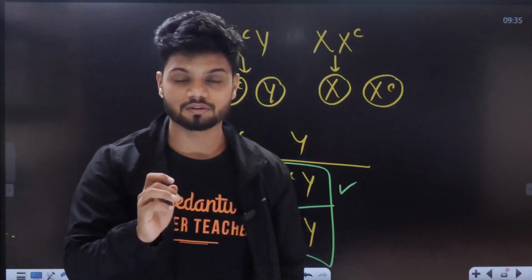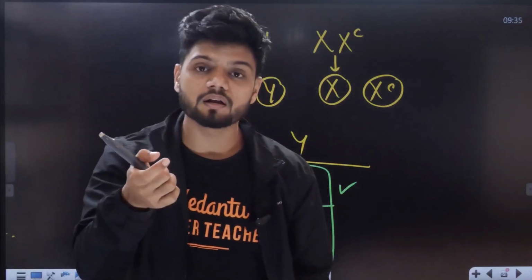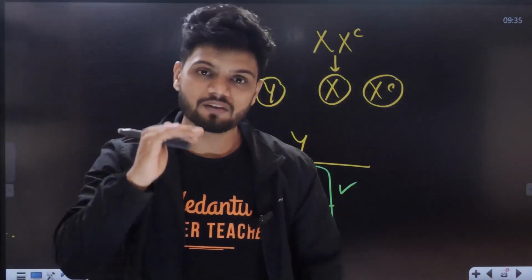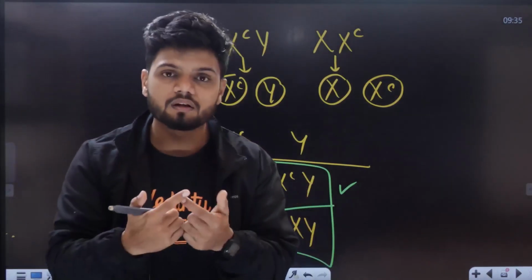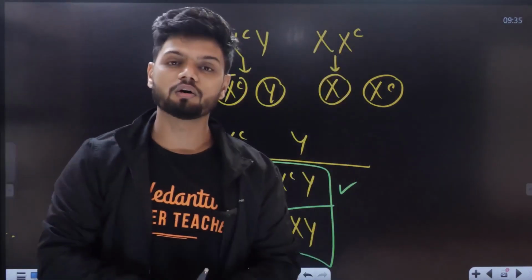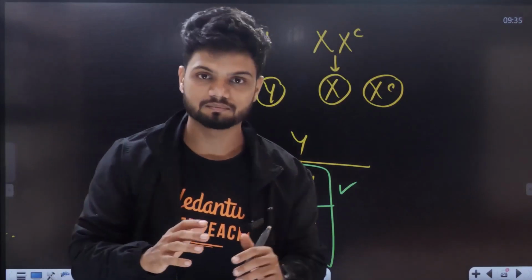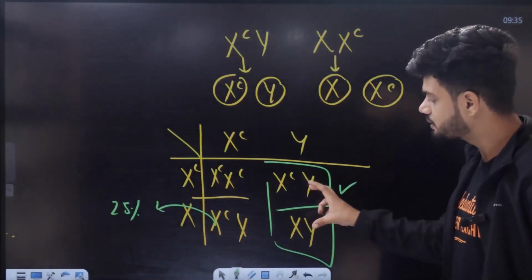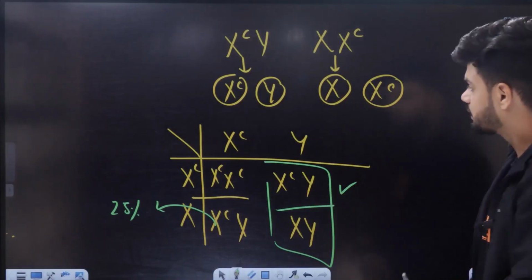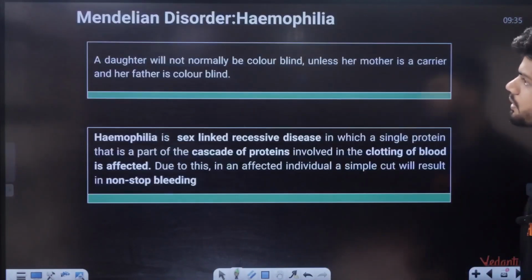Remember the question: they may ask you about male, female, or the offspring. If they ask only male or only female, take only that. But when they say offspring, all four should be taken. So for offspring it is 25%, otherwise for male or female alone it is 50-50. That is about your color blindness.